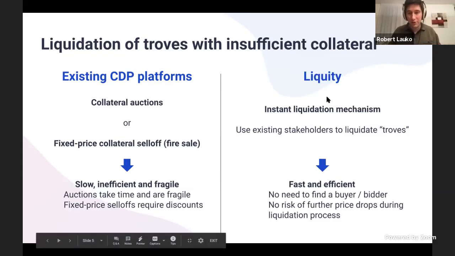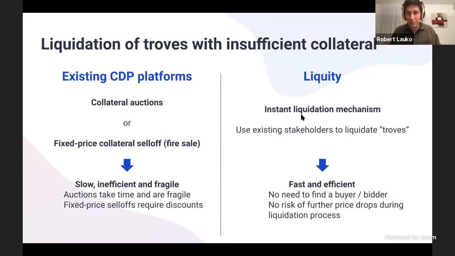So we, on the other hand, try to do it differently by introducing a mechanism for liquidations where we can basically use the existing stakeholders in our system to liquidate our troves. So we call the CDPs in our system, the individual borrowers' positions, troves. Just to clarify that expression here.